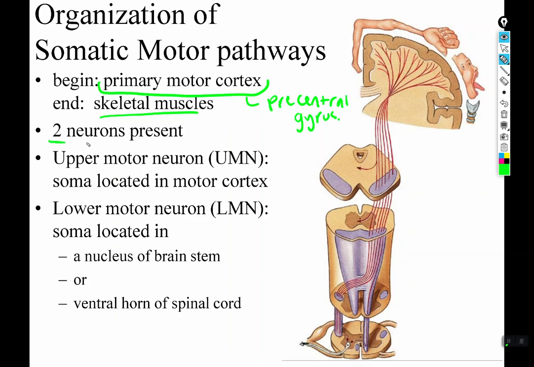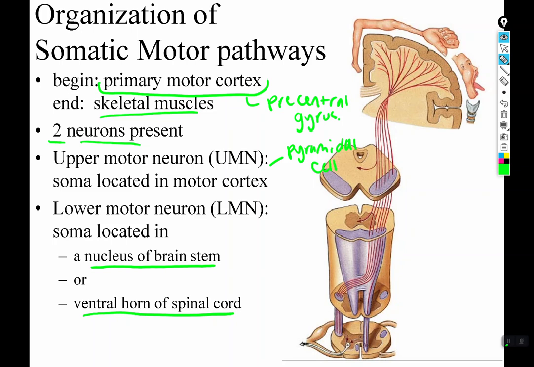There's the upper motor neuron, which is going to be a pyramidal cell in the cerebral cortex of the precentral gyrus. And then the lower motor neuron, which is either a nucleus of the brainstem or the ventral horn of spinal cord. So that's real simple.